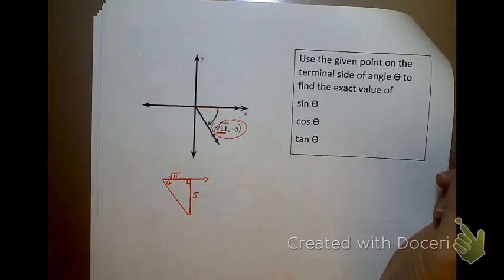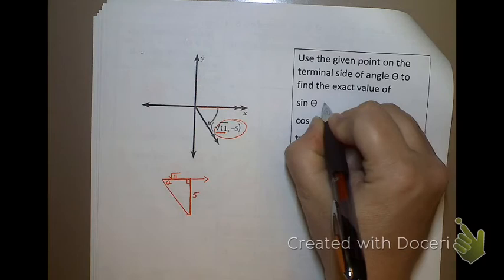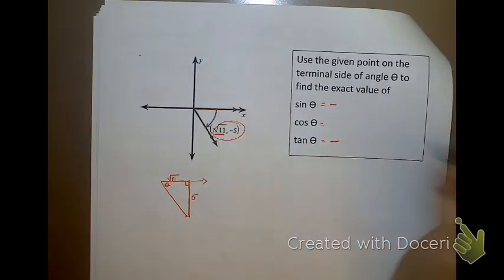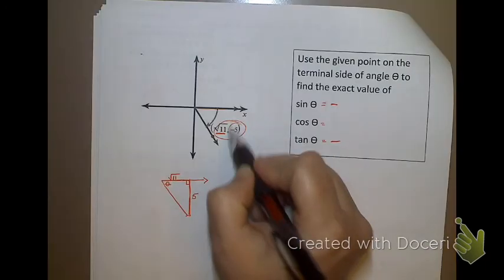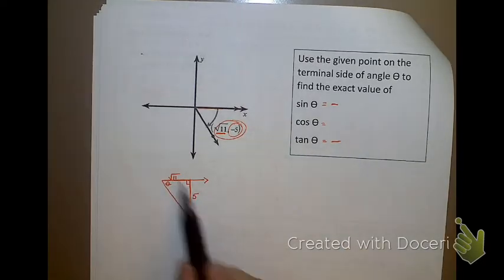Why do they call it negative 5? Well, because it's in quadrant 4, and in quadrant 4, cosine is positive, but sine and tangent are both negative. And negative 5 is the sine value, technically, right? Well, it might not exactly be.